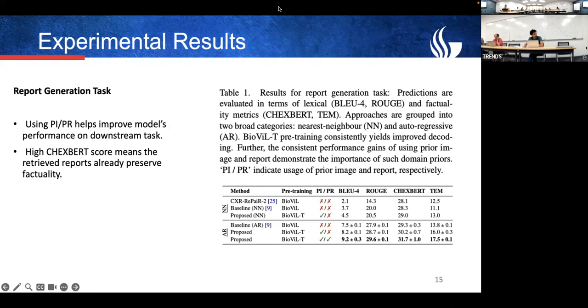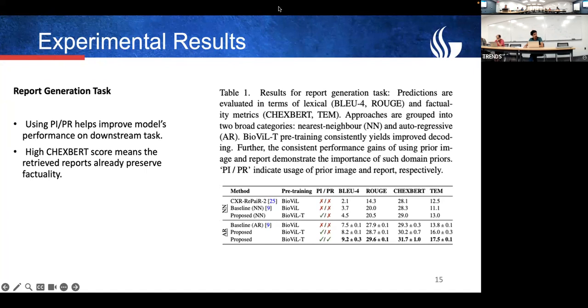You can see if you have a look at the last row, the results are highlighted where they have used prior MH and prior report as well, and then they have used their proposed pre-training, which is BioViL-T, and they get significantly higher results if you compare it with other baselines, like baseline NN, baseline auto-regressive, which is like BioViL.